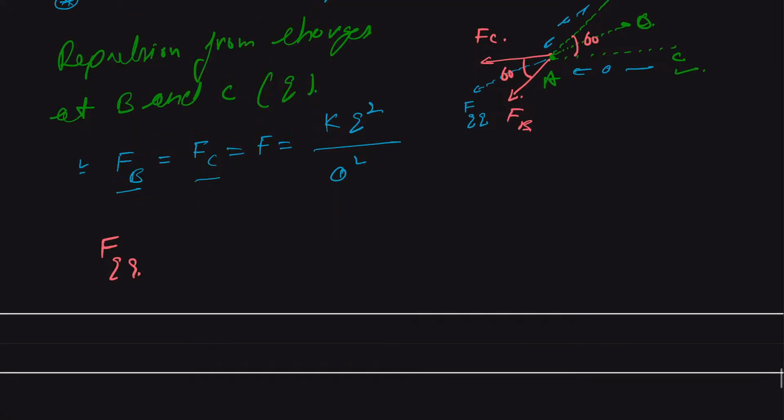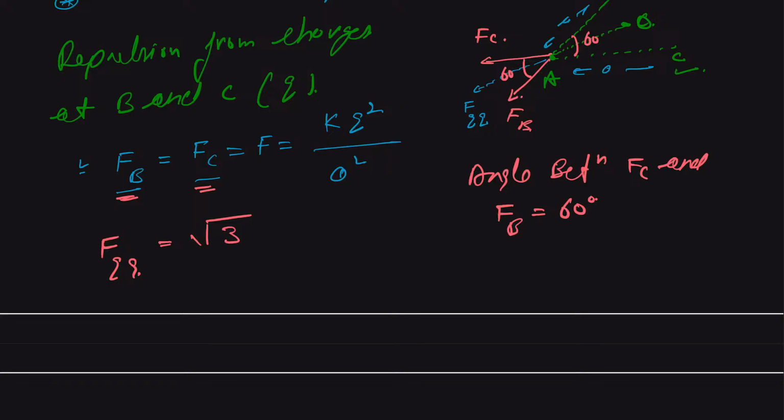So FQQ is nothing but the resultant of this FB as well as FC, which are the same in magnitude, and the angle between the two is 60 degrees. So we can say the resultant FQQ will be equal to square root of 3 times KQ square divided by a square.